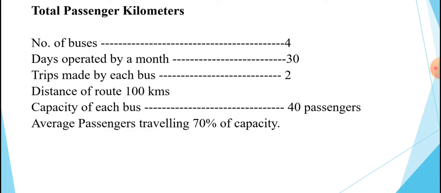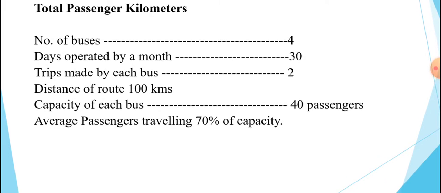Trips made by each bus is 2. The number of days operated is 30, capacity is 40 passengers, and capacity utilized is 75%.